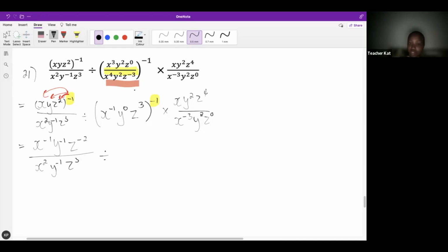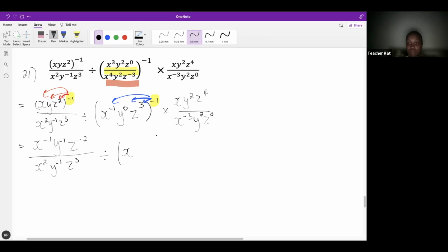Divided by, we're distributing a negative 1 again. So inside it's going to be x to the power of, this time we're distributing this guy, 1. Thank you. This y to the 0 just becomes what in total?